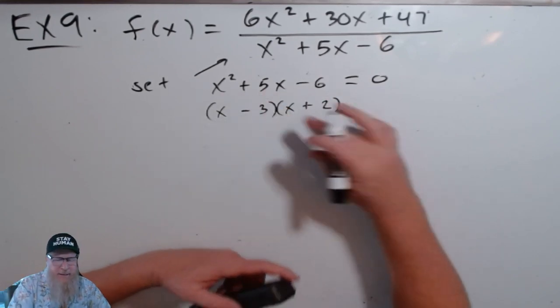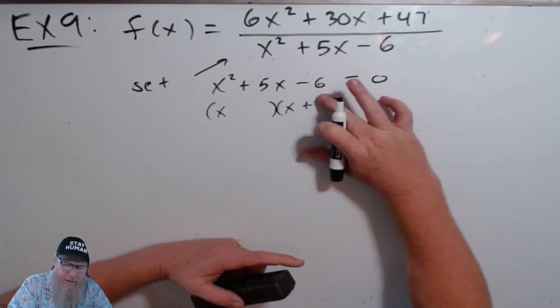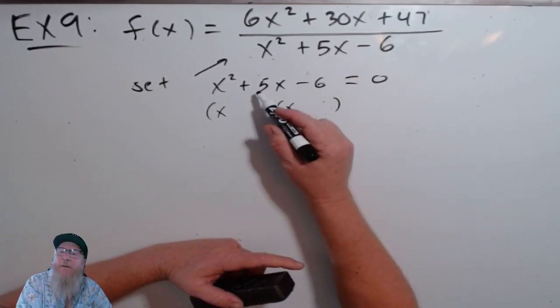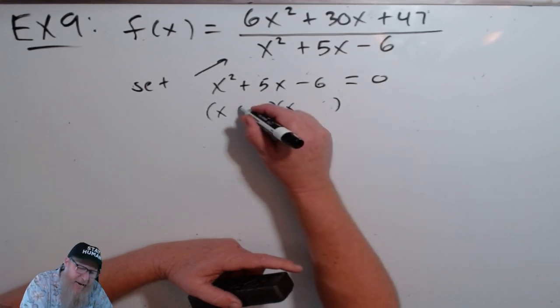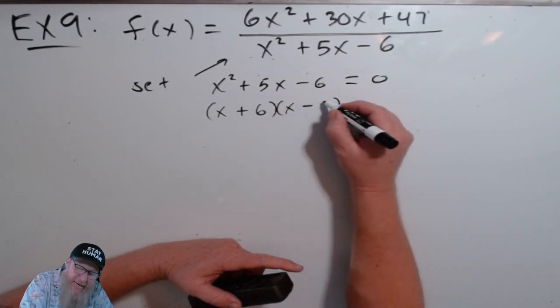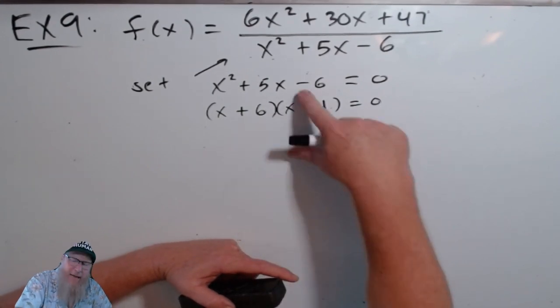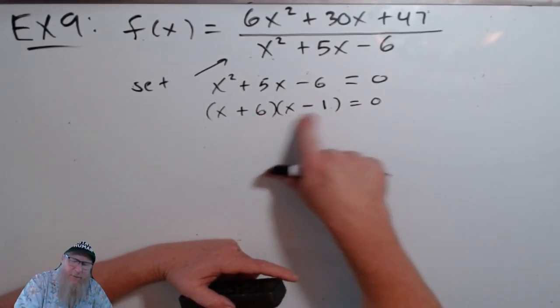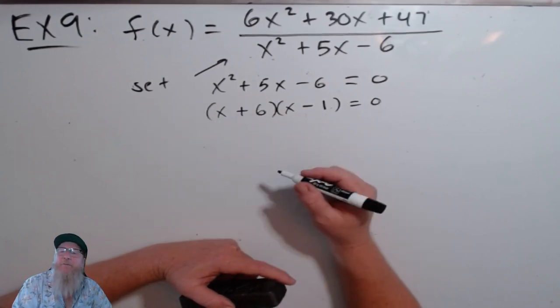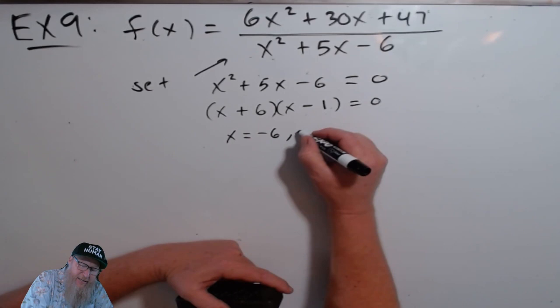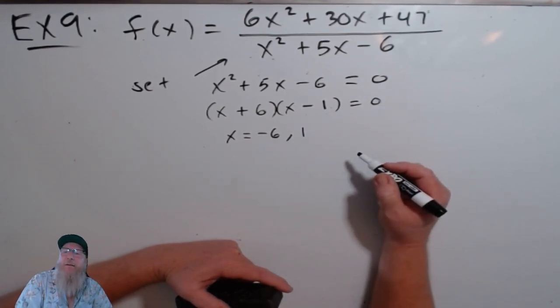You want them to satisfy both criteria: they have to multiply to a negative, but add to a positive. So I'm going to have to do a positive 6 and a negative 1. When I multiply them, I get negative 6, and when I add them, I get positive 5. So my partition numbers are negative 6 and positive 1.